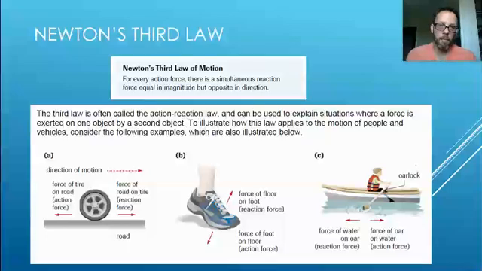Here are some examples of action-reaction forces. For a tire on the road, if the car is moving this way and the tire is turning, the tire exerts a force on the road. This might be called the action force. What causes the car to move forward is that the road exerts an equal and opposite reaction force on the tire, causing the tire to move.